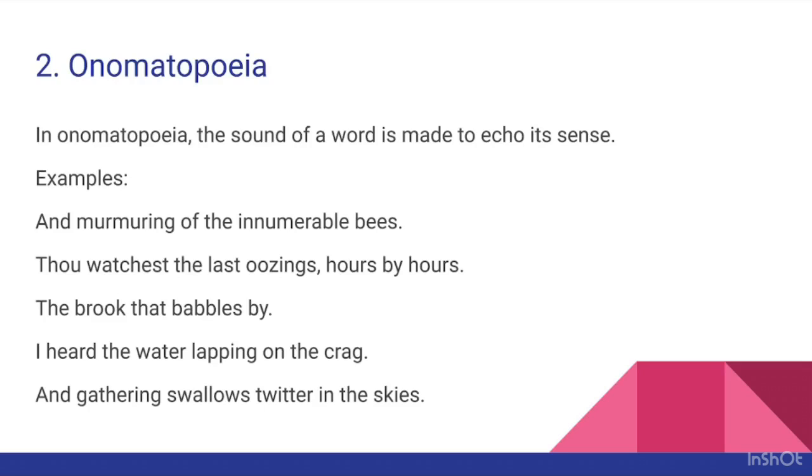"The brook that babbles by." "I heard the water lapping on the crag, and gathering swallows twitter in the skies." So in all these examples, you can see such onomatopoeic words like murmuring, oozings, babbles, lapping, twitter. All these words echo their senses.